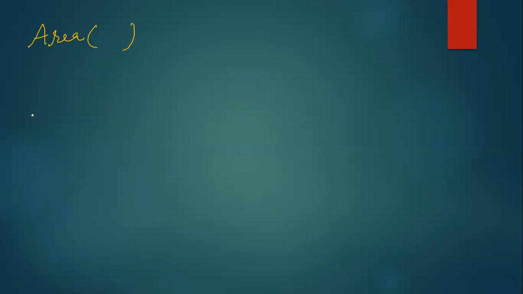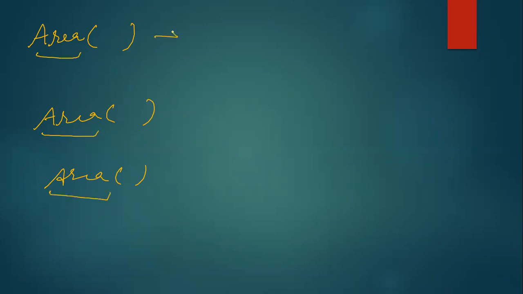Definitely if we have three figures, we will have to write it three times. So you can see here one thing we are using for different purposes. Let us consider this is for the circle, this is for the triangle, this is for the square. In this way we implement polymorphism in programming.